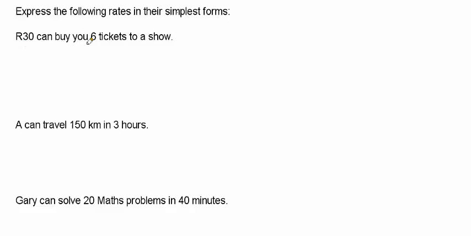30 Rand can buy you 6 tickets to a show, which means we have 30 Rand per, or over, 6 tickets. And if you keep reducing this fraction, 30 over 6, until you have a 1 on the denominator: 30 is actually 5 times 6, so you can cross off this 6 with this 6.